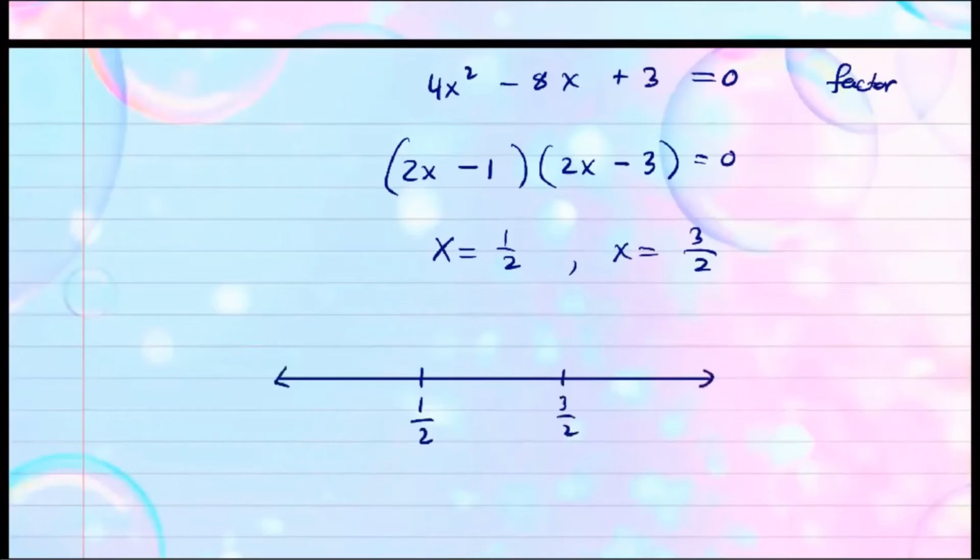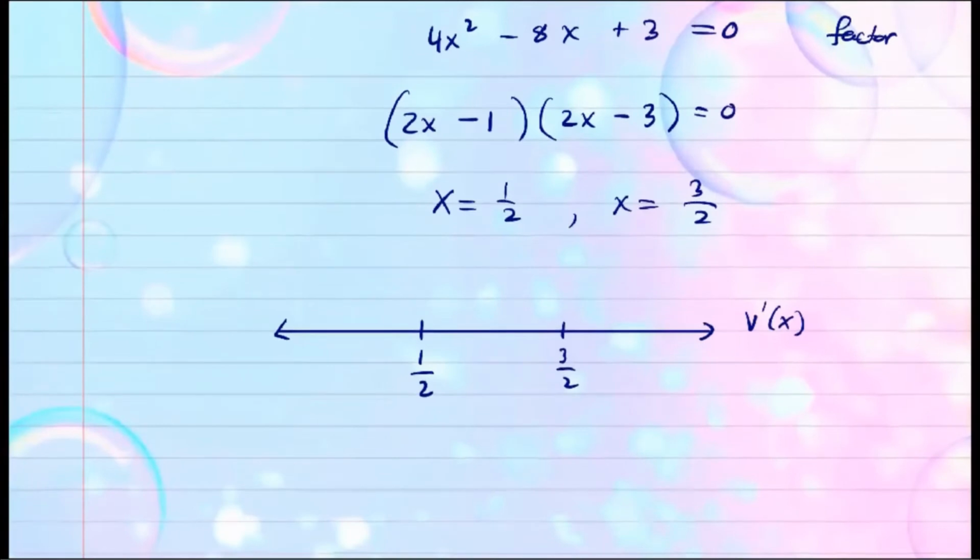We pick an interval and then test them. Let's pick 0 for this interval, then 1 for this interval, and then 4 for this interval. Something within each interval to see which one gives us the maximum volume.